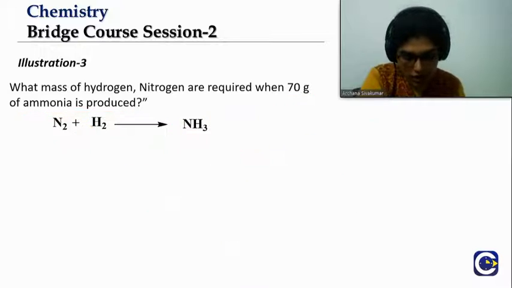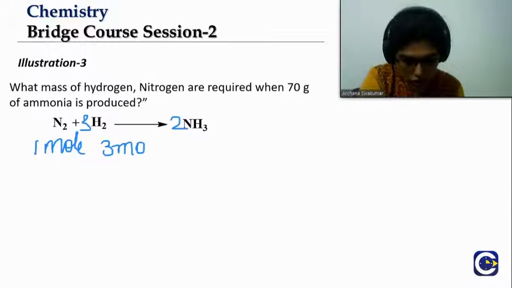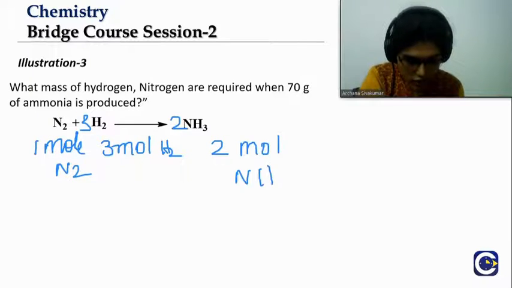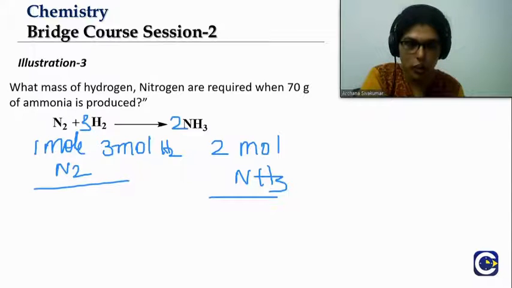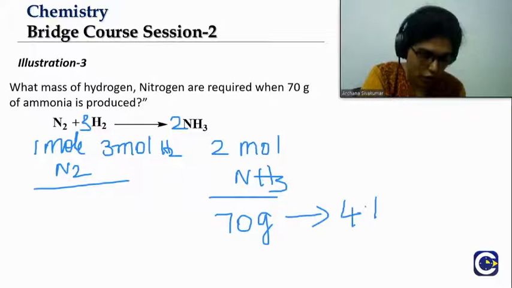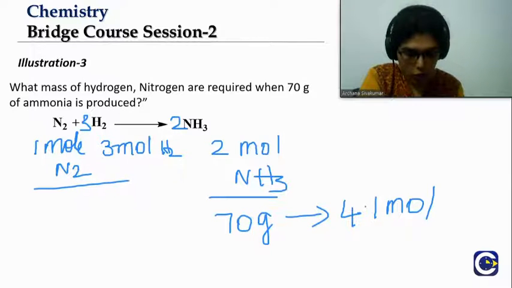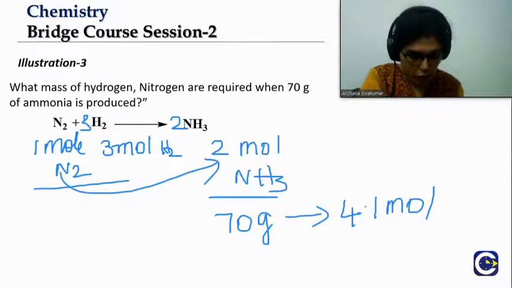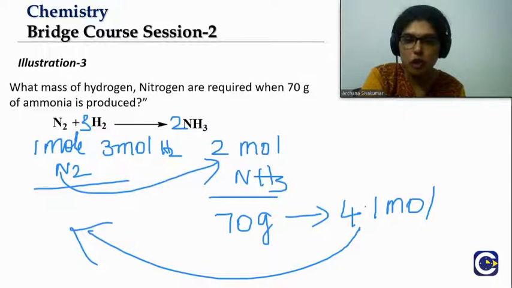What we did was, there is the standard, 1 mole of this, 3 and 2. After we balanced, 3 mole hydrogen, 1 mole nitrogen and 2 mole ammonia is the standard. So when these two react, they will give 2 mole ammonia. Given is 70 grams, which when I converted into moles, I got 4.1 mole. That will be given by how many moles of nitrogen?